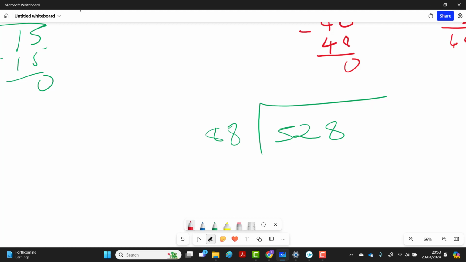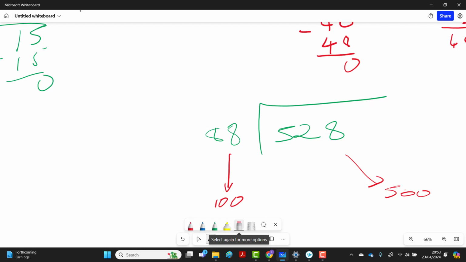You don't know your times table, so you have to guess. Now the best way of doing this: 528 is roughly, if you round to the nearest hundreds, 500, and 88 is roughly 100. That gives you a clue.